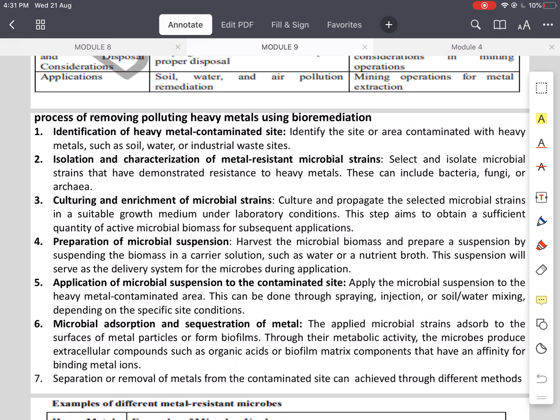Then culturing and enrichment of the strain, so we grow that particular strain in the given environment. Then preparation of a microbial suspension, a solution or suspension that we can deploy. Then application of the microbial suspension to the target. Then the sequestration of the metal happens, and the contaminants are said to be removed.